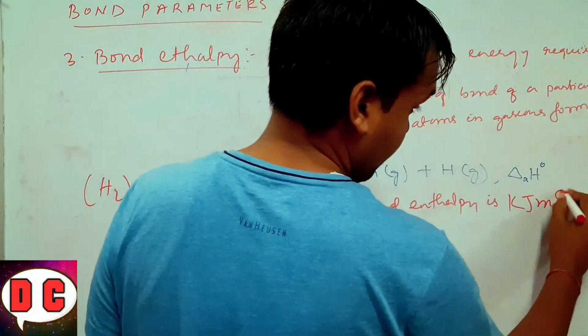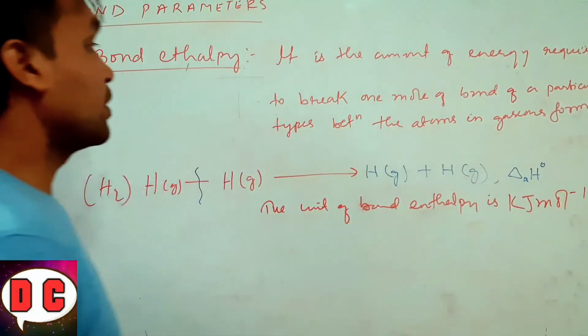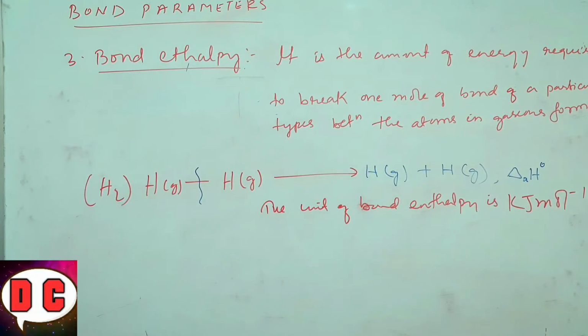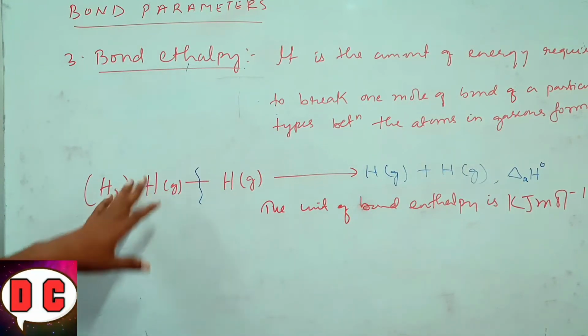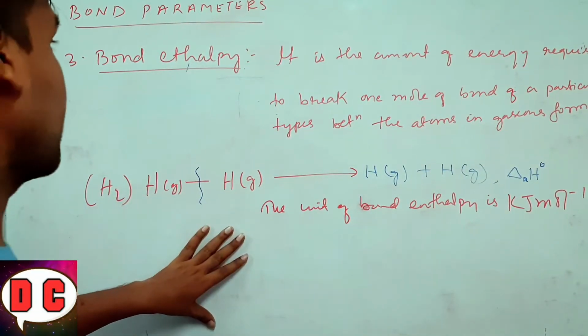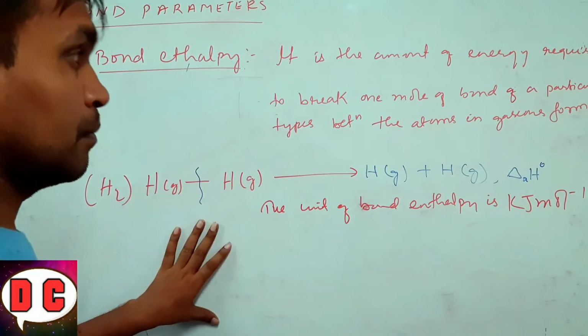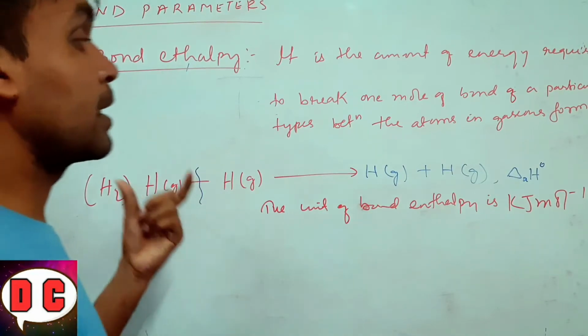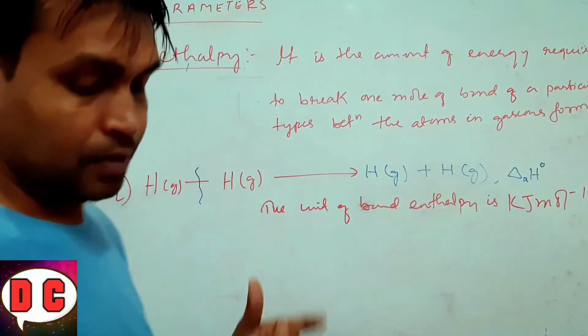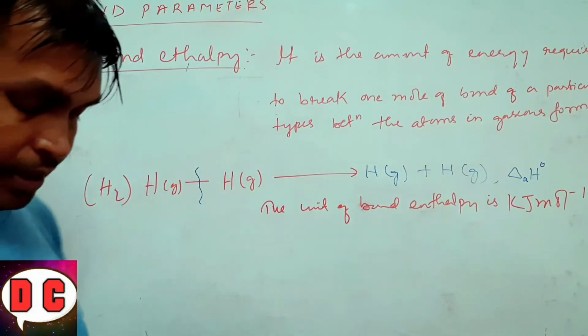You have to remember this. So what is bond enthalpy? It is the amount of energy required to break 1 mole of bonds of a particular type in gaseous form. Got it? So this point is clear.